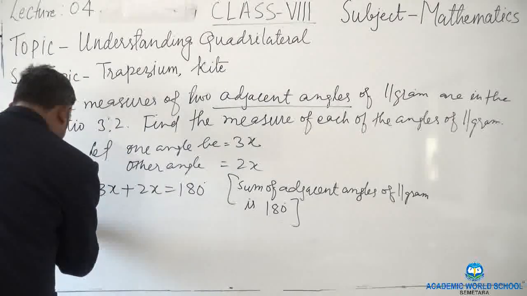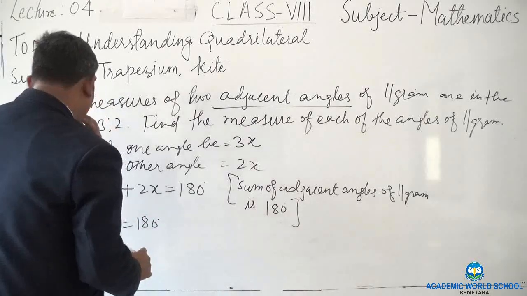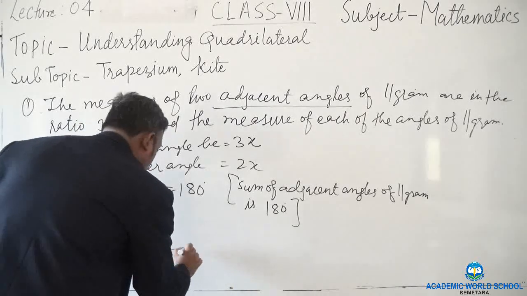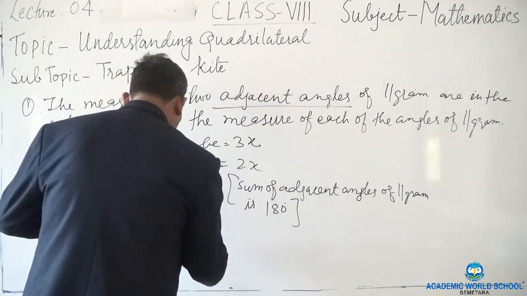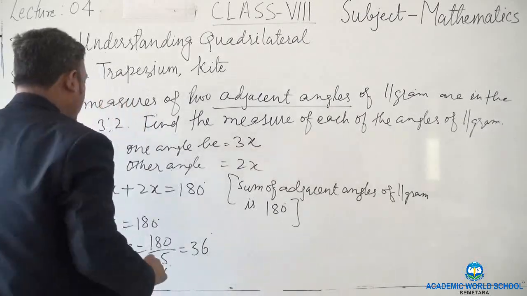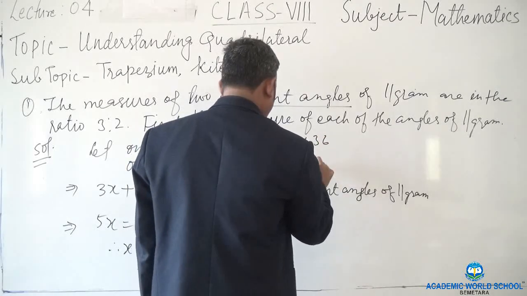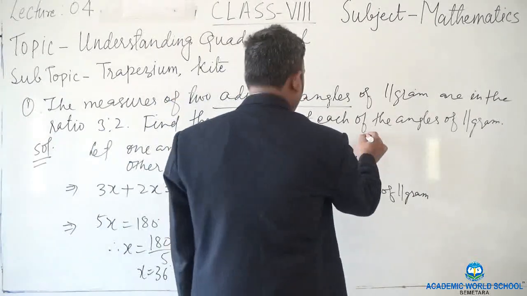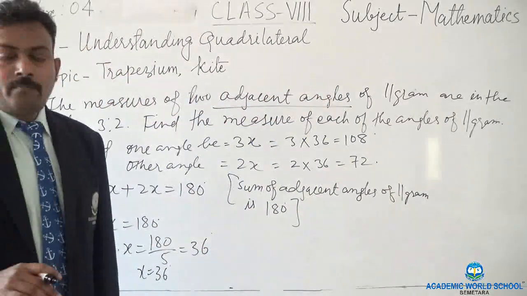So 5x equal to 180 degrees, therefore x equal to 180 by 5, which will be equal to 36 degrees. Right? So one angle will be 3 into 36, another angle will be 2 into 36. So this is how we use the property.